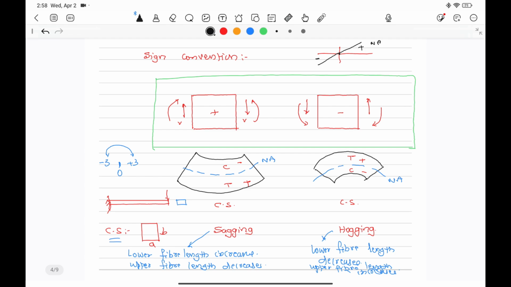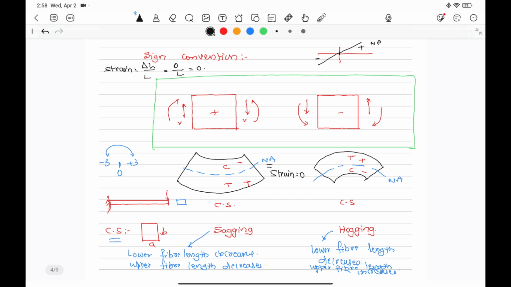Now, at this neutral axis, strain is equal to 0. That means when strain is 0, what is strain? Strain is equal to change in length by original length. If change in length is 0, 0 by L is equal to 0. That means strain is 0. Strain changing from positive to negative.